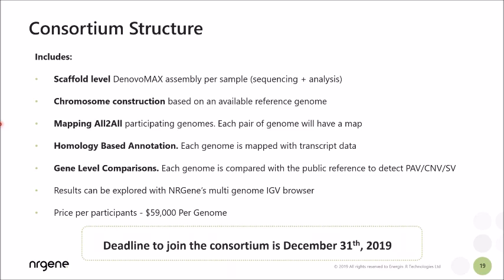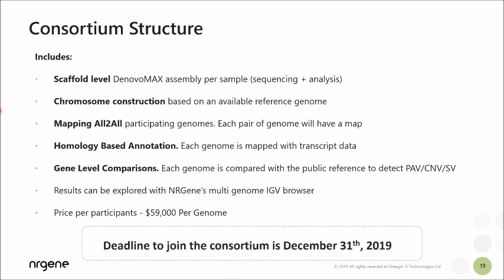By joining the consortium, you pay for your own line while receiving the full assemblies of all the participating genomes, including a pan-genome analysis that Sharon just mentioned. To join the consortium, each participant contributes an accession of their choice. The cost for joining is $59,000. The deadline to join the consortium is December 2019.